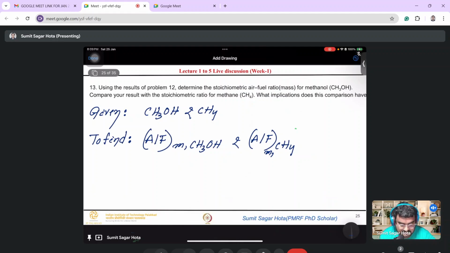What are the things given for CH3OH? What is X? X is 1, Y is 4, Z is for what? Oxygen content, which is 1.